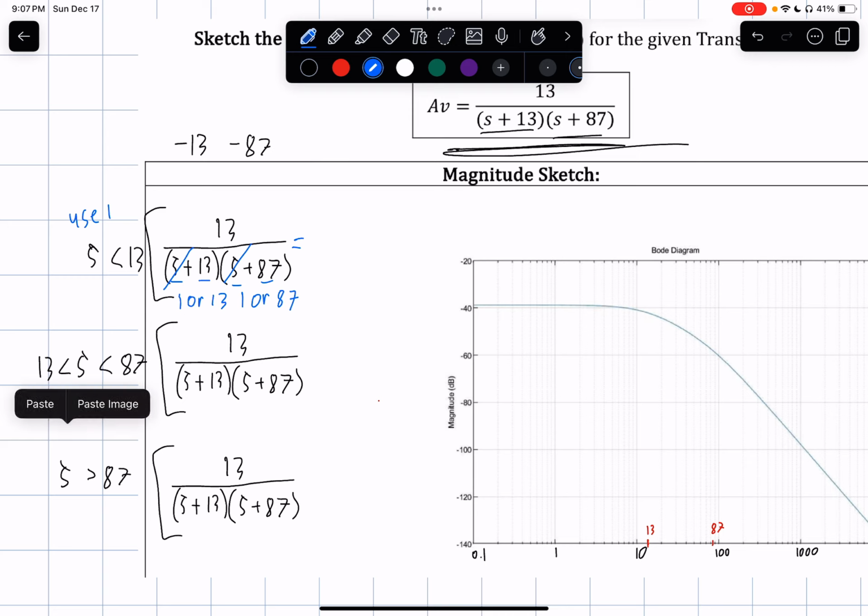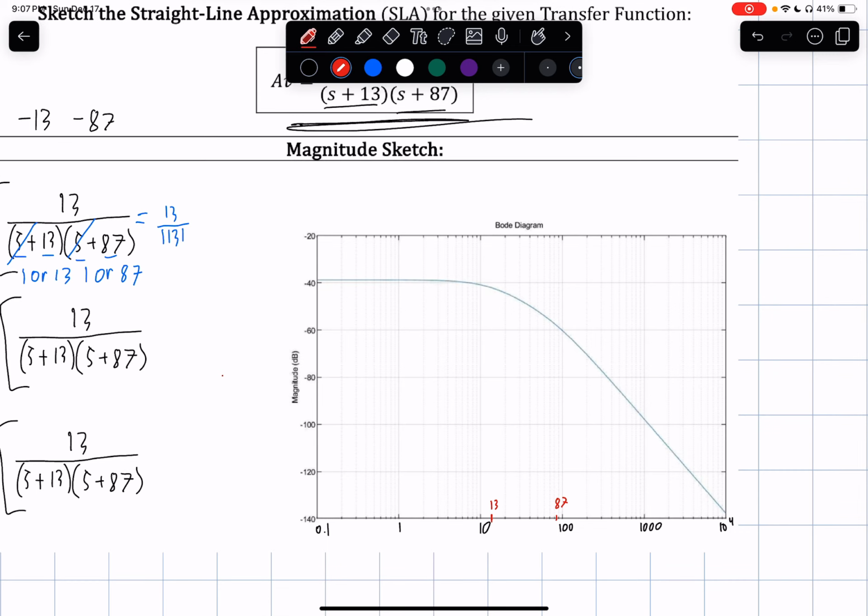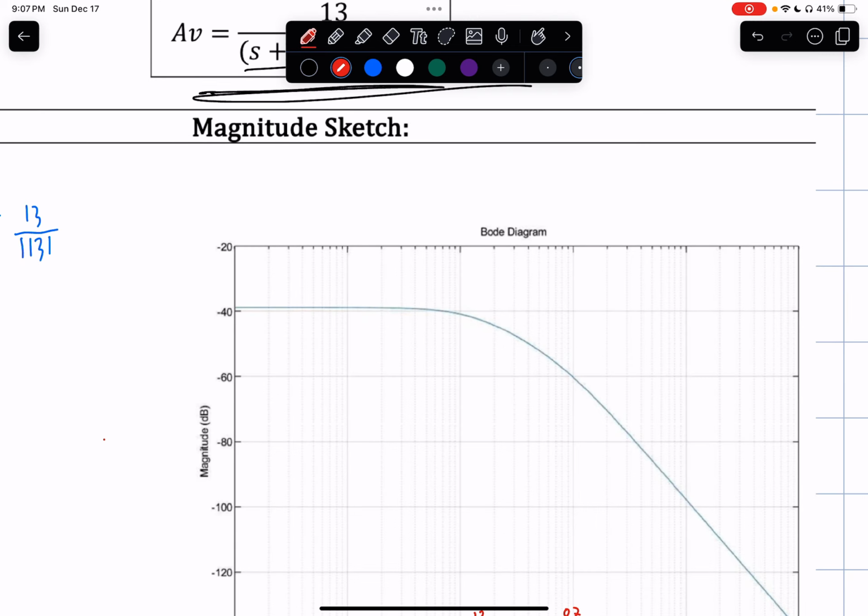The next part is to write this as a fraction first. So we're going to do 13 times 87, which is 1131. For these problems, I'm going to write the equation that we'll use on the right here. It's going to be 20 log of the numerator, abbreviating numerator, minus 20 log of the denominator.